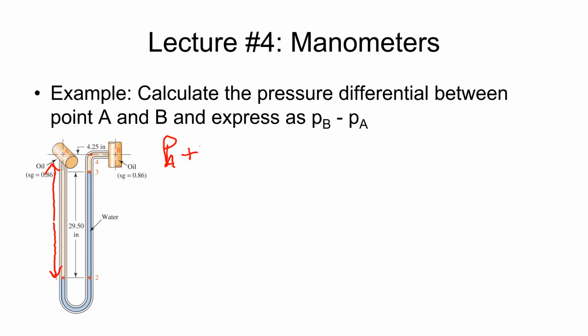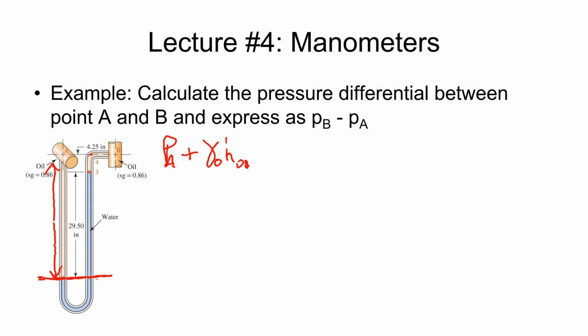So I'm going to say plus gamma sub O times HO. There's two different legs of oil in this one, so I'm going to call this HO1. And that's all that's acting on this side before I get down to my equal pressure line at the bottom between points 1 and 2.